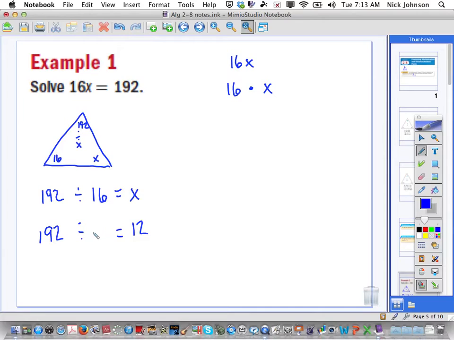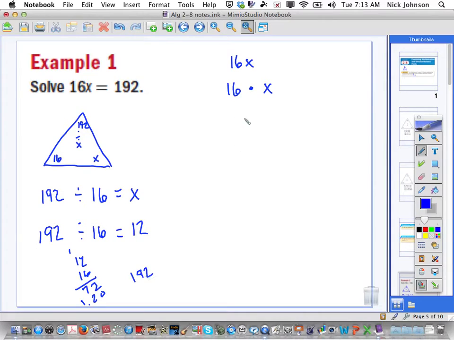And you can check that answer. Well, how could you check that answer? Then 12 times 16 has to equal 192. So, 12 times 16, if you're doing it on your calculator, you got 12 here, 6, there's 72, you got a 0, and then you got 2, 1, and you get 192.